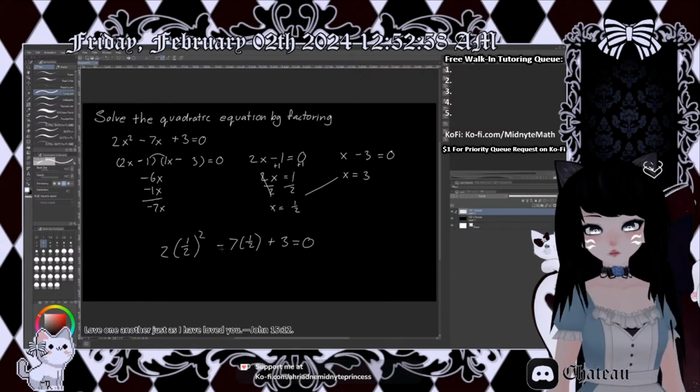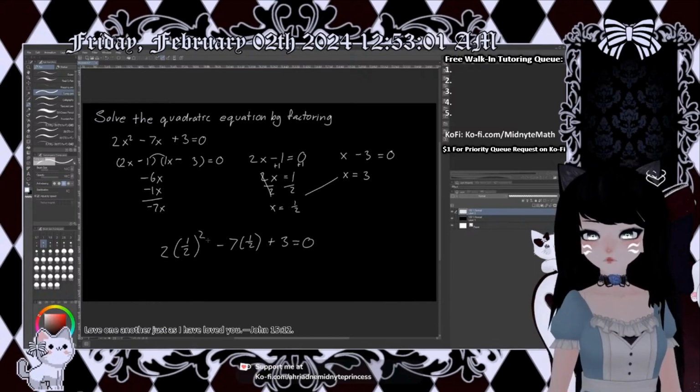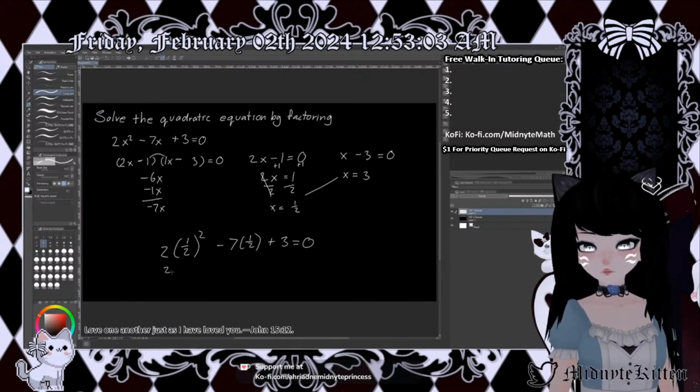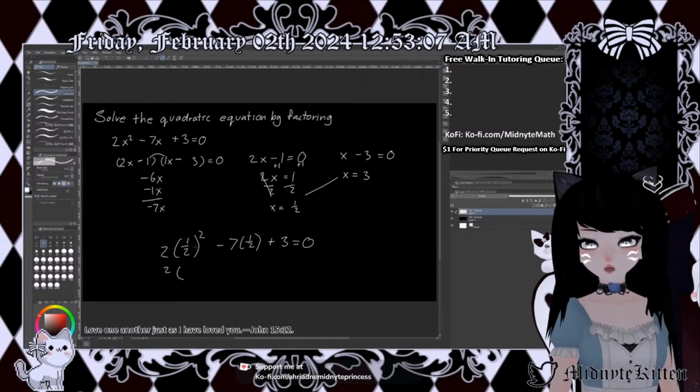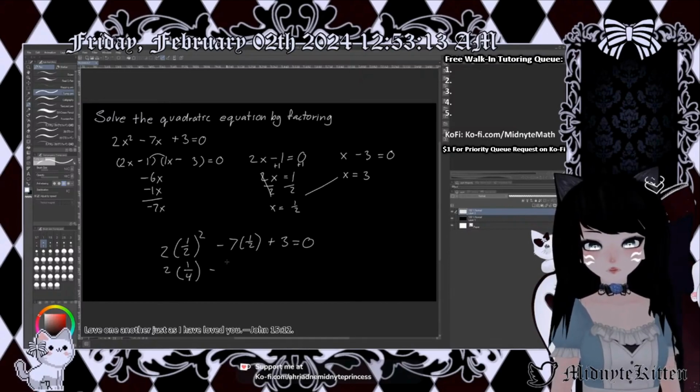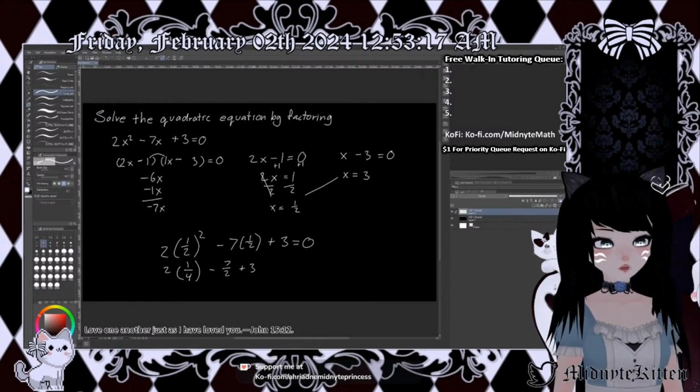Let's see if that's true. 2 times 1 squared is just 1. 2 squared is 4. 7 over 2 plus 3 equals 0.